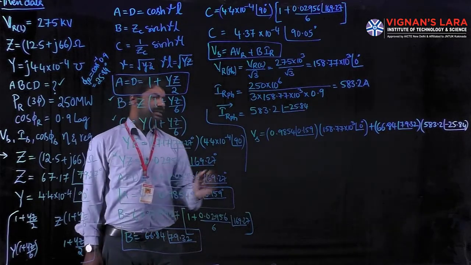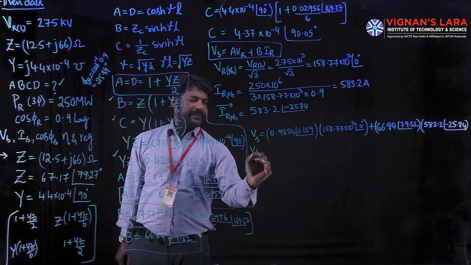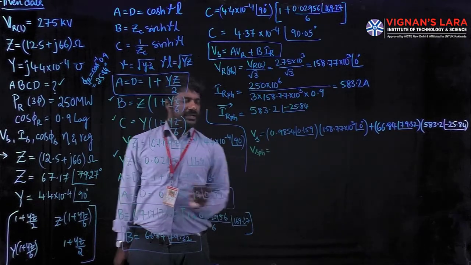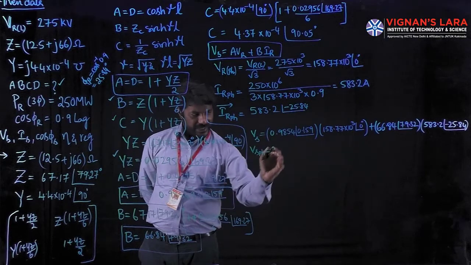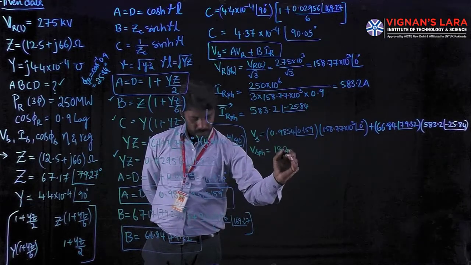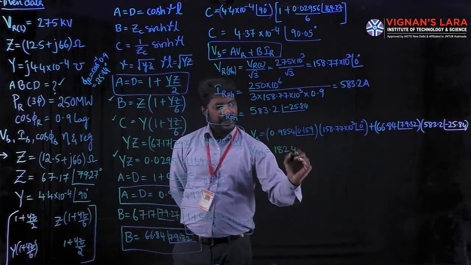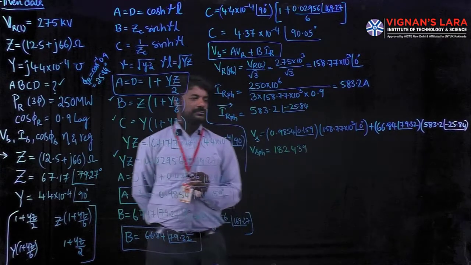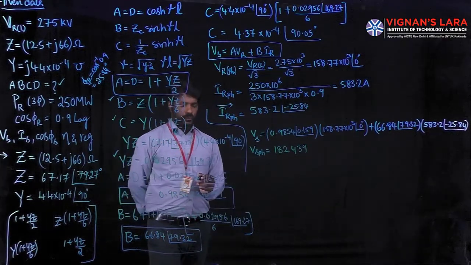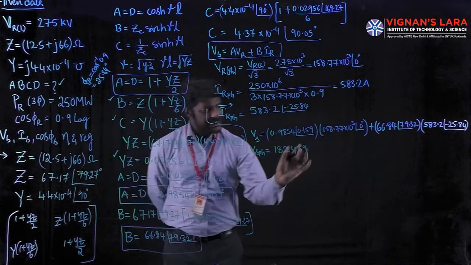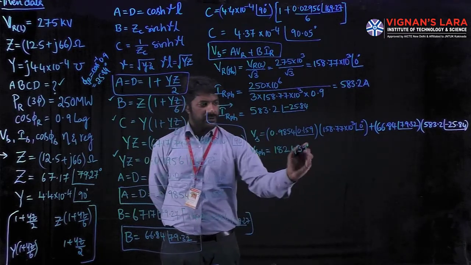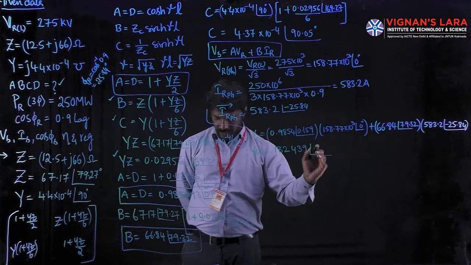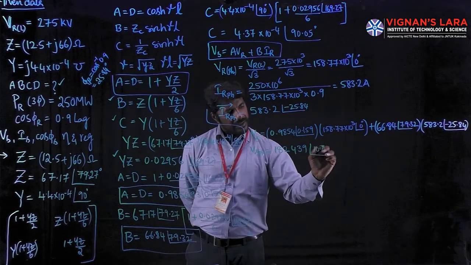You will get the VS per phase, whose value is equal to per phase voltage on the sending end side. What we get is 182,439. This much amount of voltage is available on the sending end side, which is to be injected per phase value, which makes an angle of 10.03 degrees.